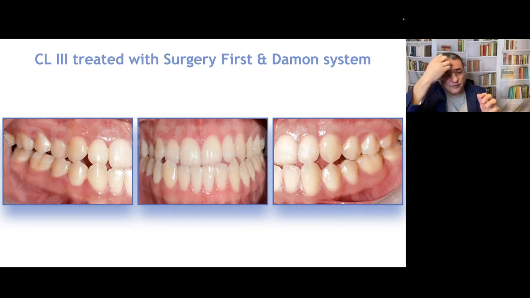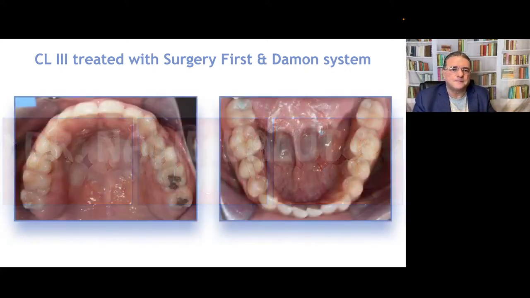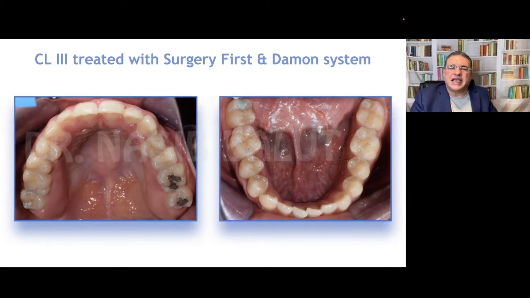She didn't like her profile, and the patient was sent by the oral surgeon. And we are going to treat this patient with surgery first. She has some crowding in the lower arch, and very light crowding in the upper.